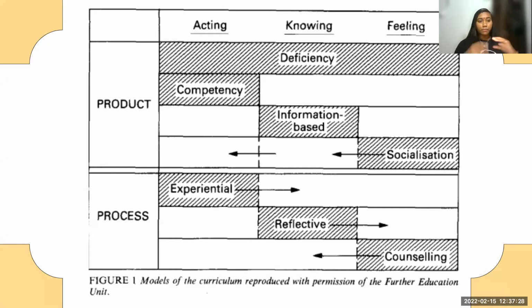So as we know, there's this acting, knowing, and feeling part in both the product and process models as well. The deficiency we see in the product model is when the student has to be corrected before progress can be made.